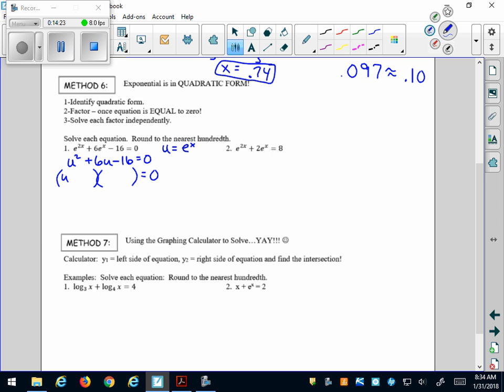We've got u, and 8, and 2, positive 8, negative 2. So, what's u equal? 2 or negative 8.